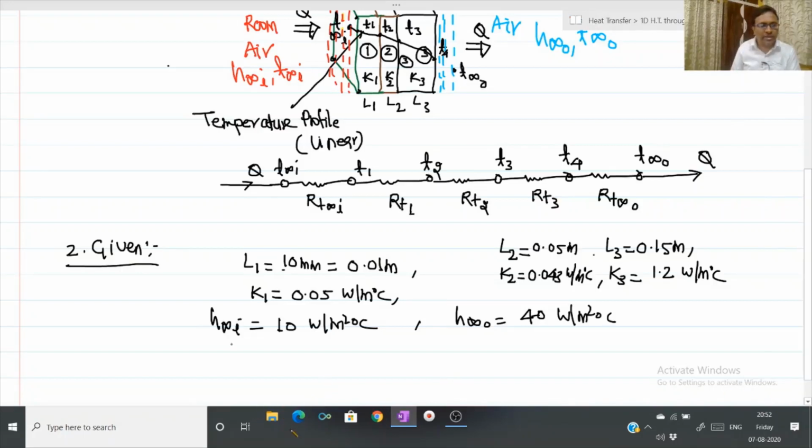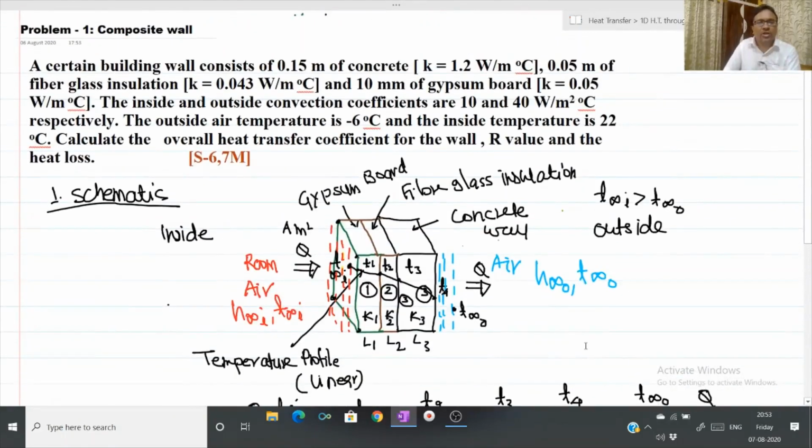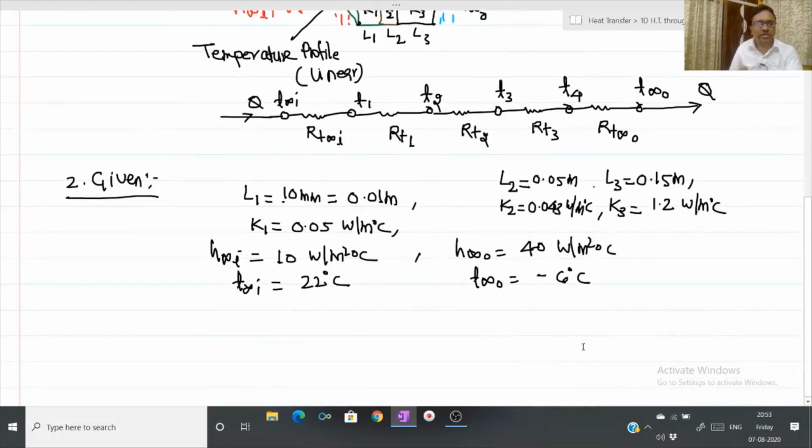T infinity I, that is inside room temperature, is given as 22 degrees Celsius, and T infinity O is given as -6 degrees Celsius. So this way we could enlist all the values of given parameters. Now no need to go through the problem again and again.